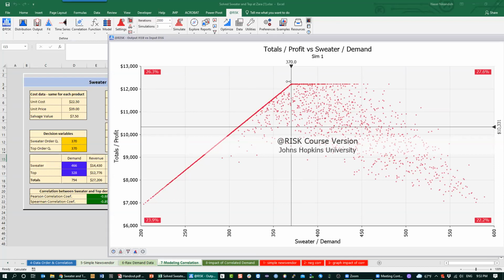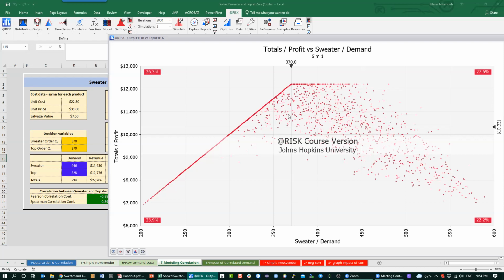That's why, when demand for sweater goes from left to right, that line keeps going up, because I'm selling more and more units of sweater at full price. How about demand for top? Because demand for sweater keeps going up, demand for top is going to go down, and I'm going to possibly sell some units of top at salvage. As a result, total profit is going to be on a low end, and that's why you see this scatter right here.